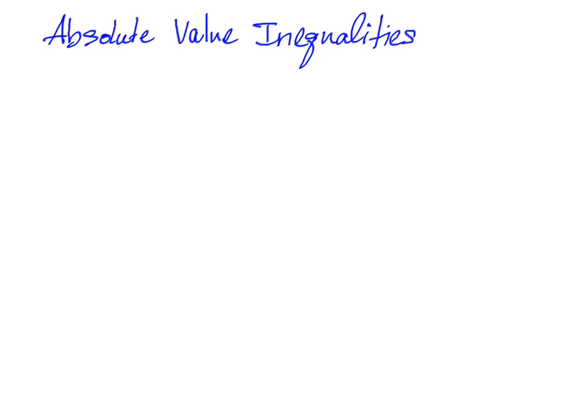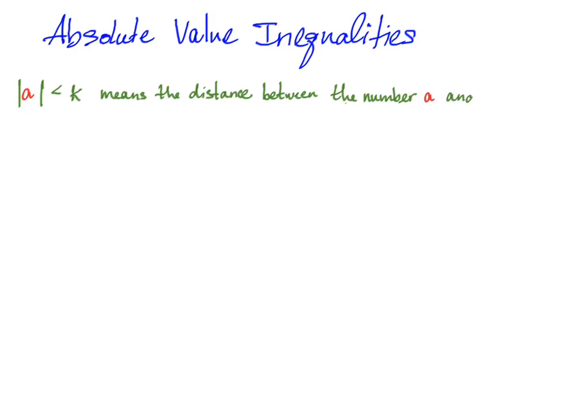Now we're going to look at inequalities. If we have the absolute value of A is less than some number K, what that means is that the distance between A and the number 0 has to be less than K units.